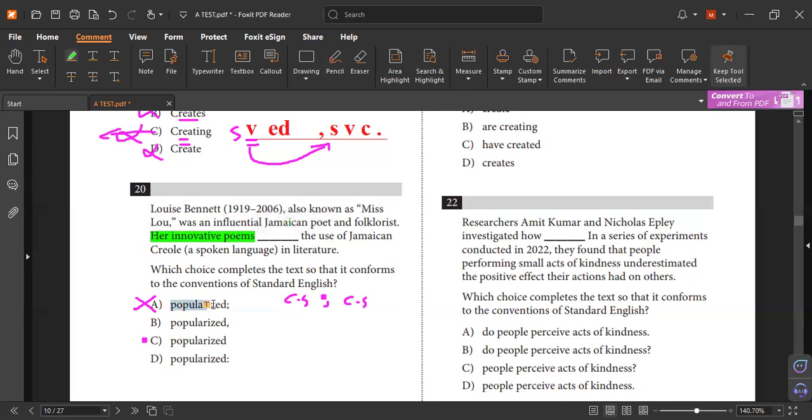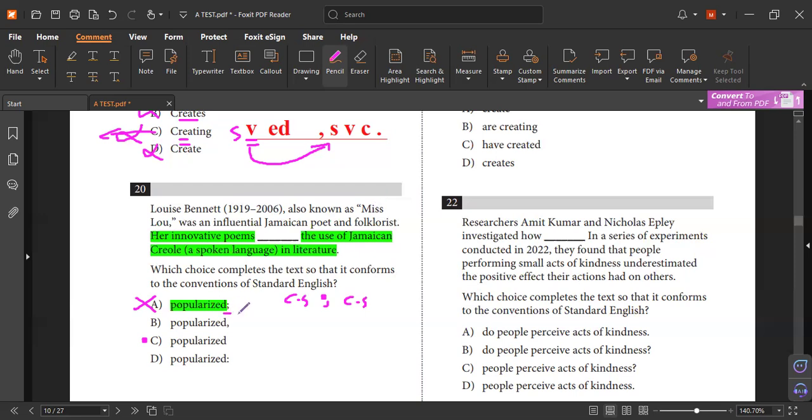Her innovative poems popularized. So before the semicolon, it's complete. But after it, it's a fragment. Do you remember the chapter on sentence fragment structures in grade 11? We didn't study these. That means we can revise it because it's very important.